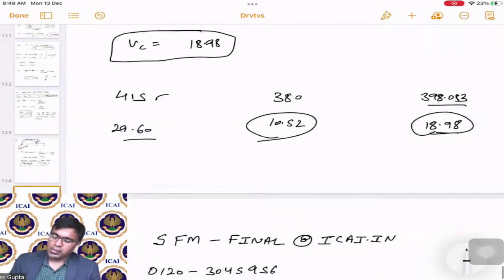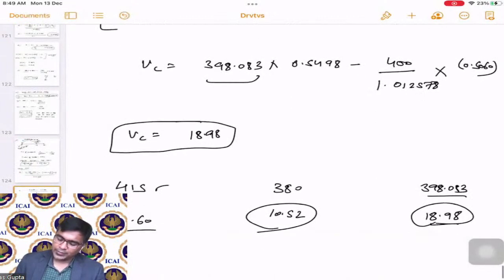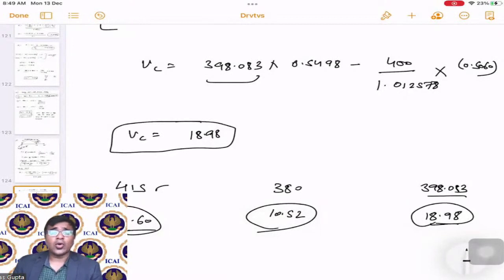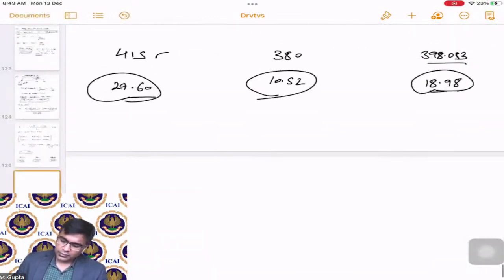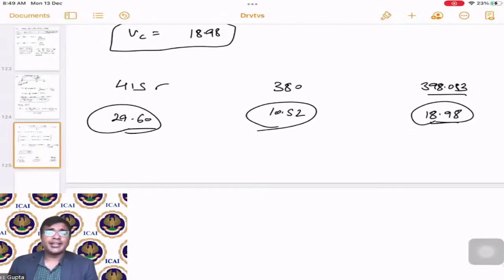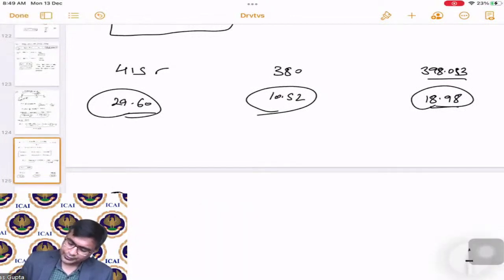Now, in this, what I'm trying to say is there are a lot of factors that determine the pricing here, correct? This is the pricing: 29.6, 10.52, 18.98. There are a lot of factors apart from the spot price that impacts the valuation. What are those factors? Those factors are nothing but all the inputs that go into the Black-Scholes model. What are those inputs? The first of all is spot price.